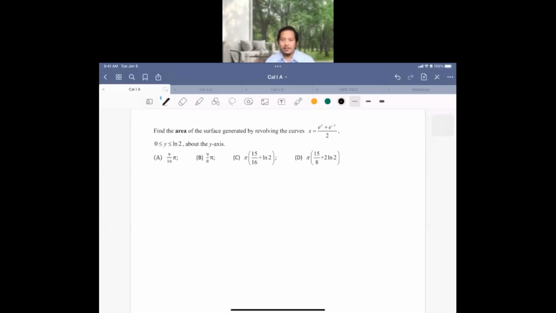It seems complicated, but it has some tricks to solve it.